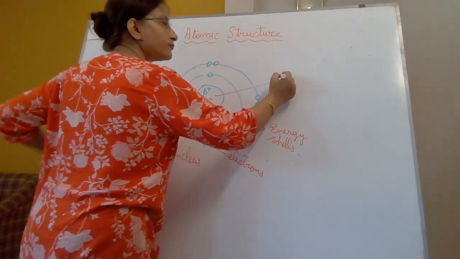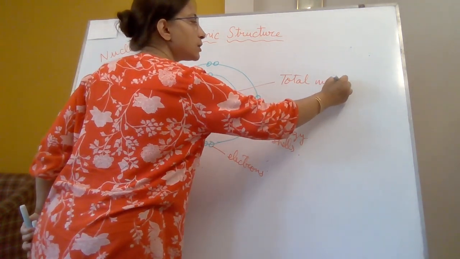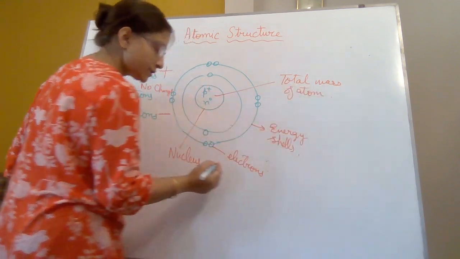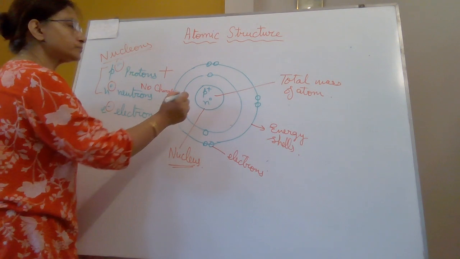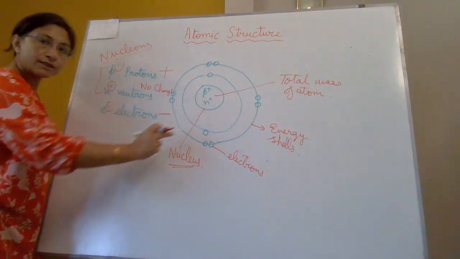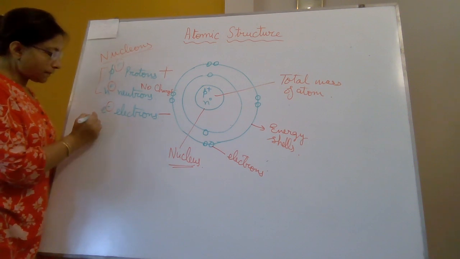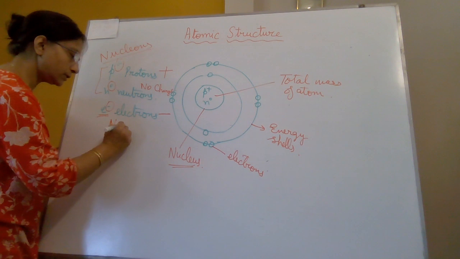So here we have the total mass of atom that is present inside the nucleus. Now, why is that so? The atom which has got 3 subatomic particles, the mass of electron is negligible.